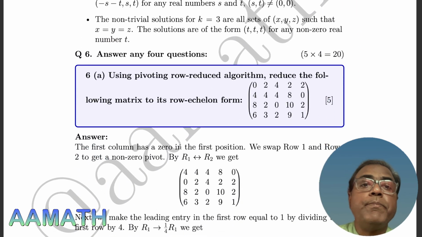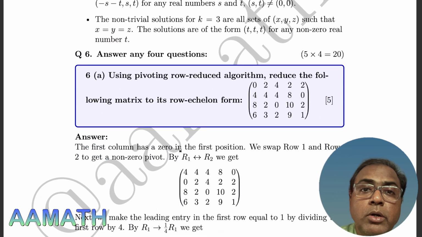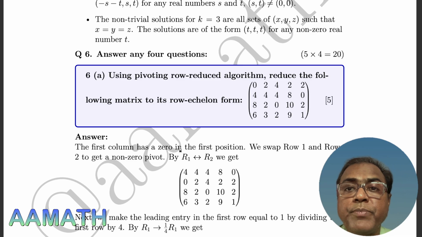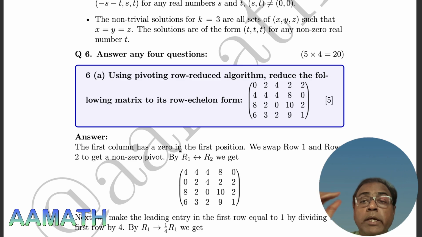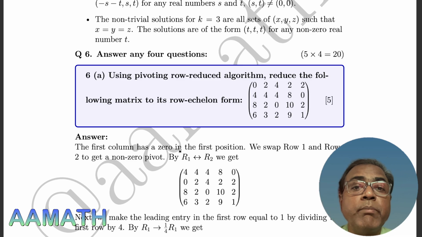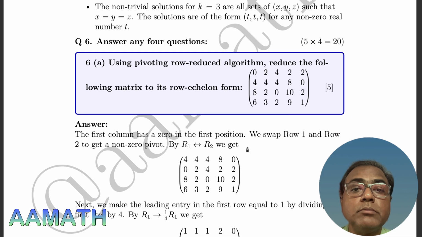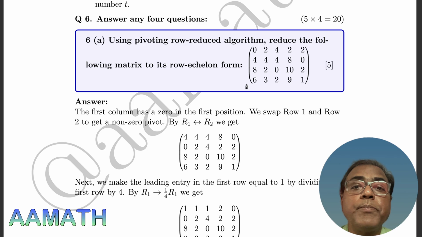Next question 6a. Using the pivoting row reduction algorithm, reduce the following matrix to its row equivalent form. The given matrix is this. The first column has 0 in the first position.